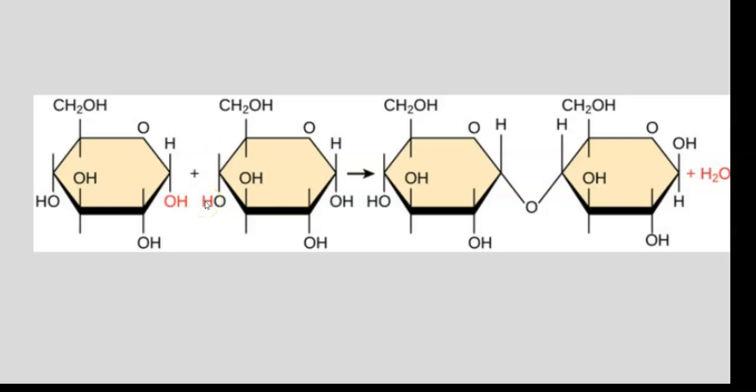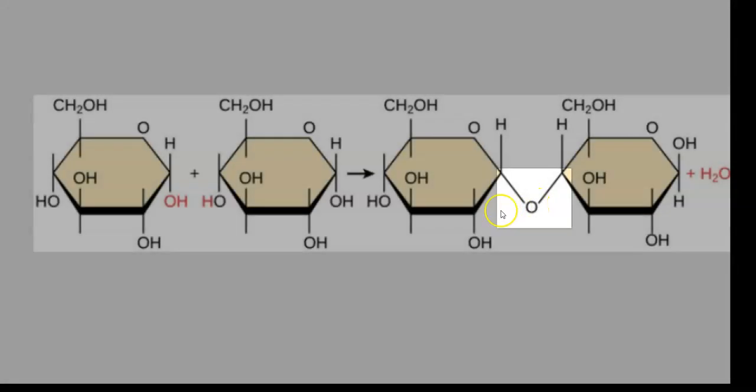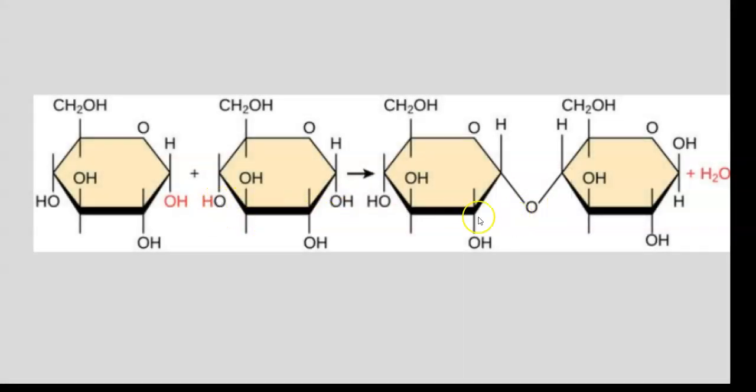So we should see this gone. This oxygen here that's still in black is left behind. So we should still see an oxygen in between the 2 monomers. If we come over here, that's exactly what we see. Okay. So we see these 2 lines slanted toward each other, showing that the 2 monomers are joined. And we have this oxygen in the middle. This is the oxygen that was left behind. Notice the hydrogen is gone, and here the hydroxyl group is gone.